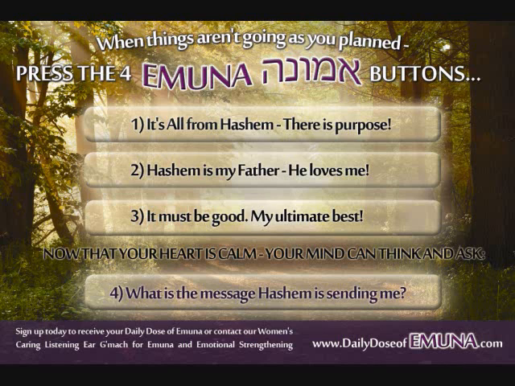So observing the Shabbat and remembering the Shabbat are two different commandments, although both of them say to keep it holy. In order to properly make Shabbat holy, we need to observe and remember.